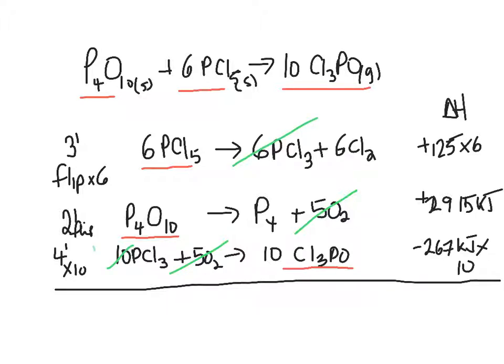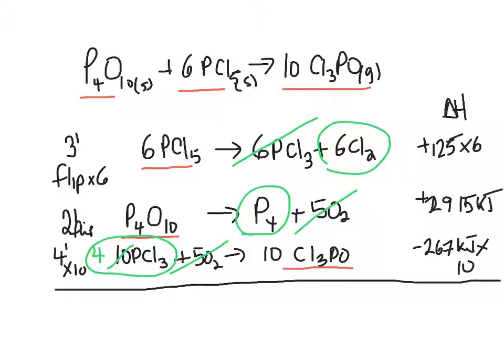That would be 4 left. So I need to get rid of 6 Cl2s, a P4, and 4 PCl3s. So let's see, what does equation number 1 have in it? It's got a P4, it's got Cl2, and it's got PCl3.